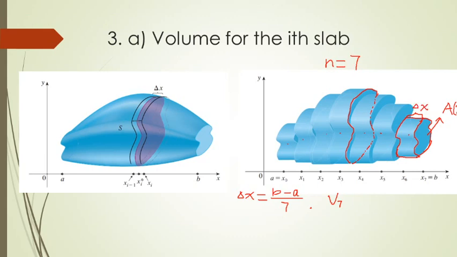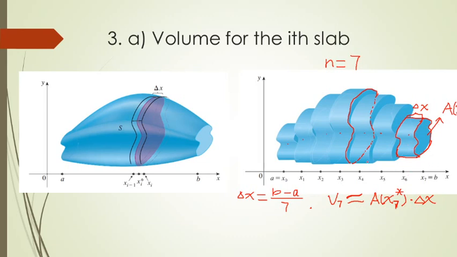So we can estimate the 7th slab, the 7th piece of the sweet potato, using the base area, which is the cross-section area, the area function evaluated at x7 star, times the little thickness. You get the approximate volume of the 7th slab.